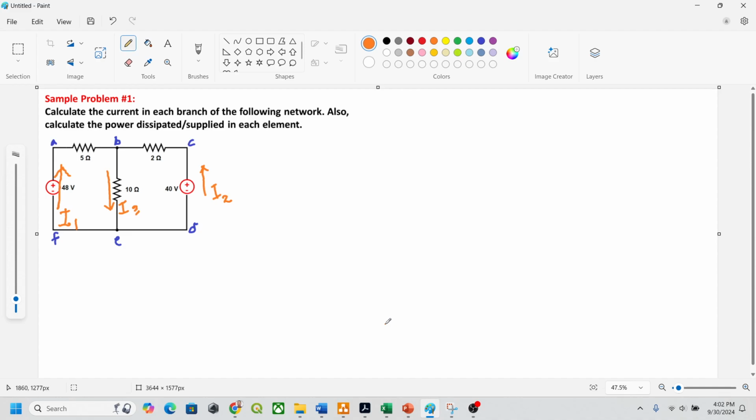This is one of the simplest problems we can have in this course. We only have two power sources and three resistors.